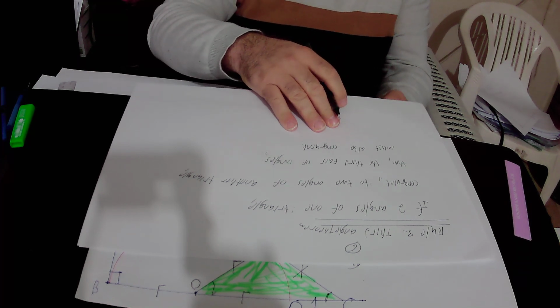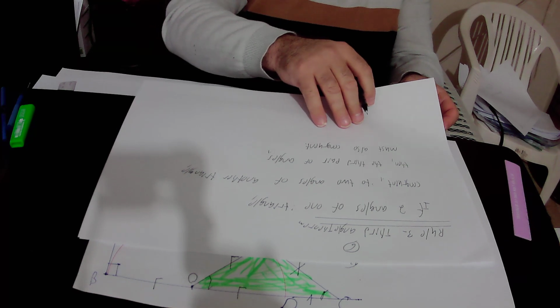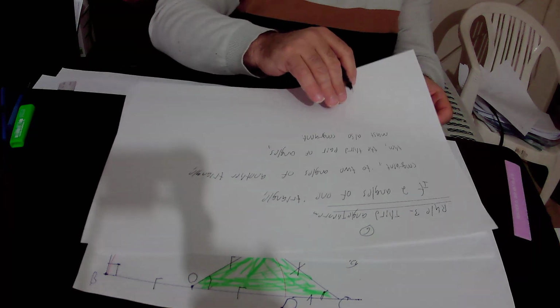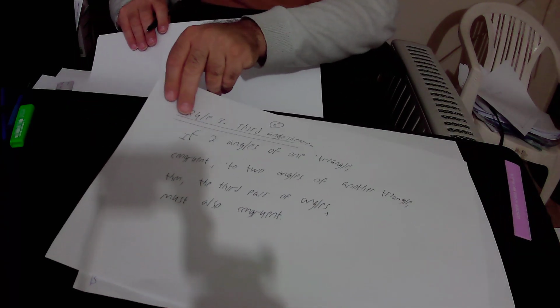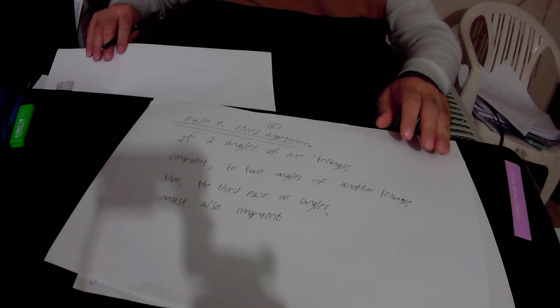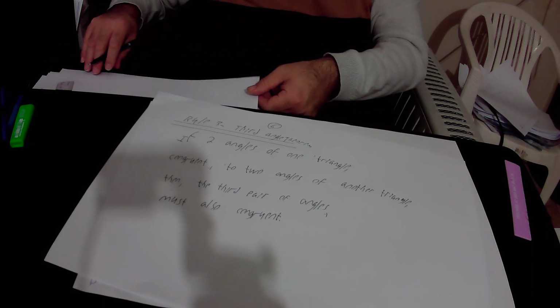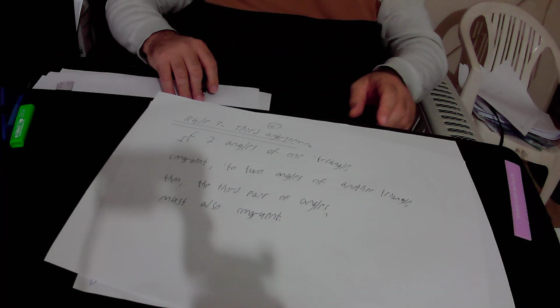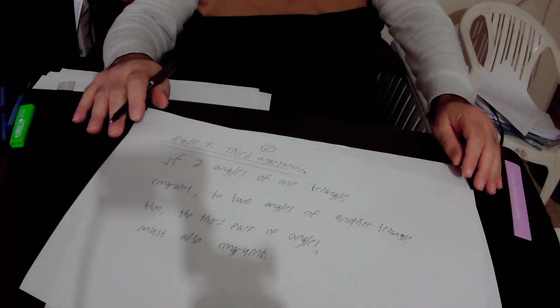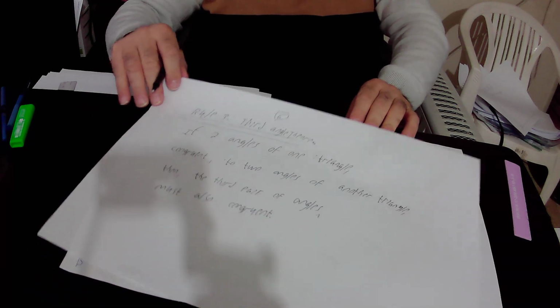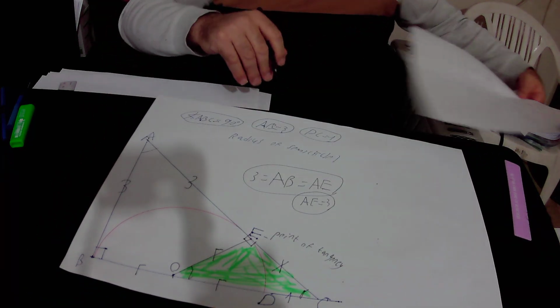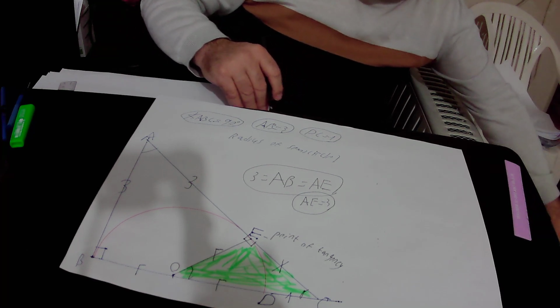So I'll read the third angle theorem again. The third angle theorem states that if two angles of one triangle are congruent to two angles of another triangle, then the third pair of angles must also be congruent. So what is the meaning of the third angle theorem?